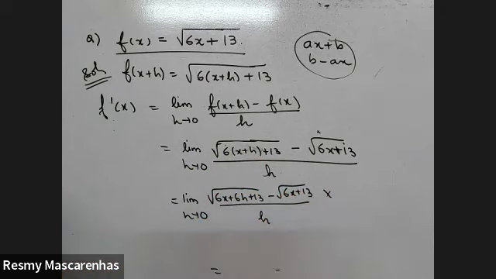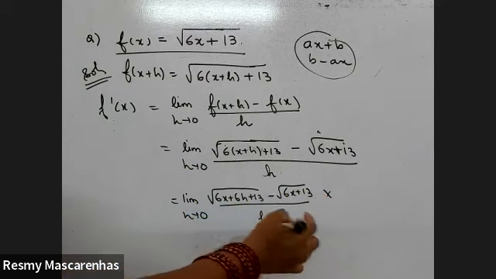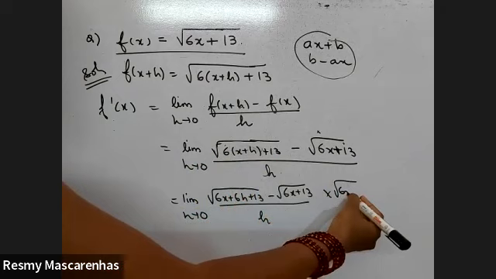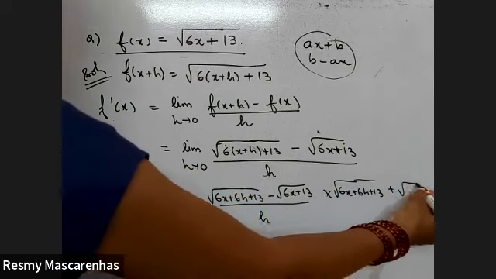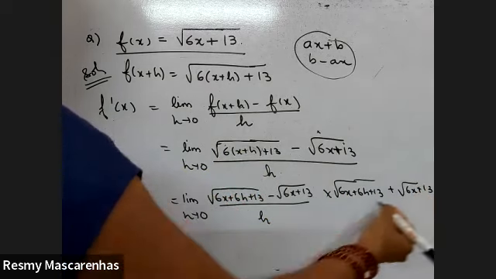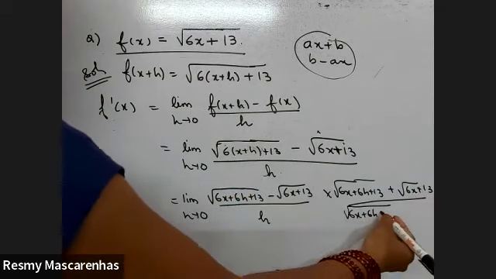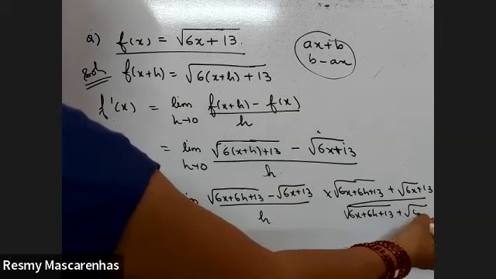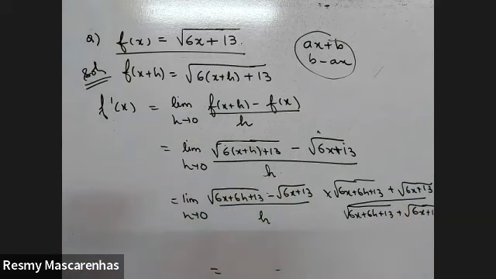Multiply numerator and denominator with this opposite sign. There was a minus sign there.